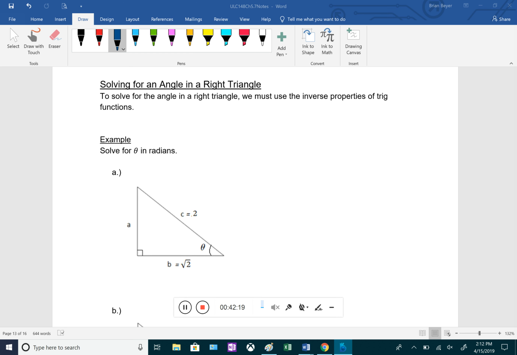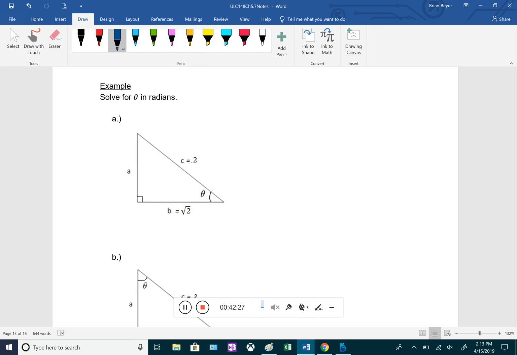For this first one, we want to solve for theta, and it's going to be in radians. We have this right triangle, we have theta down here. We're given this side and this side. If we are looking for theta, given the adjacent side and the hypotenuse, it is in our best interest to use cosine. So cosine of theta equals adjacent over hypotenuse. Solving for theta, theta equals cosine inverse of radical 2/2.